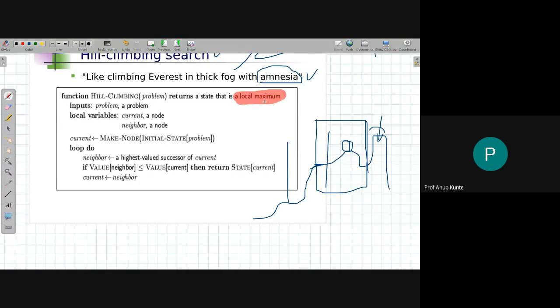Okay, so a local maximum solution will always be given to you, so you are going to get a suboptimal solution, and we are okay with that. Why we are okay with that, we'll talk about in the second lecture of this particular topic.